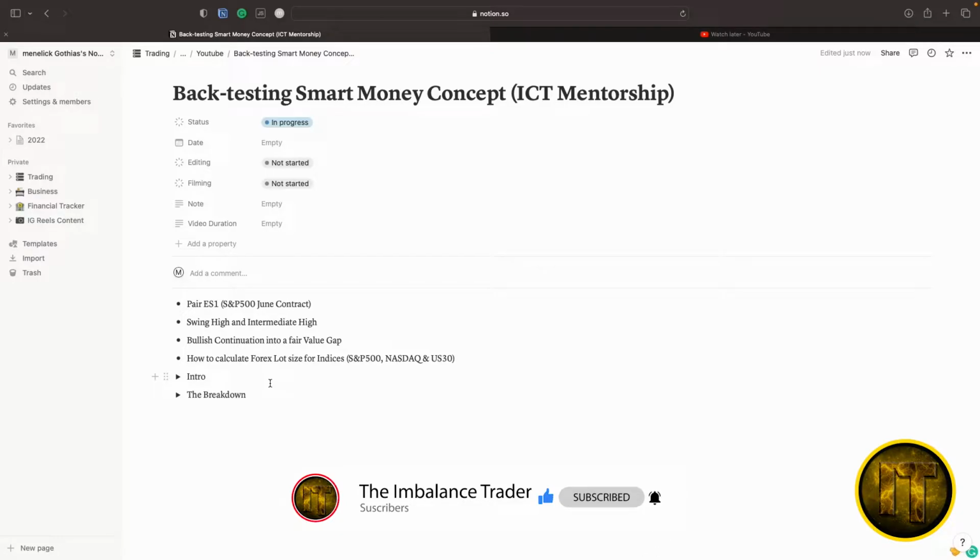I am going through the ICT mentorship right now, the 2022 mentorship, and I'm also doing some backtesting today. One of the things I struggled with recently was the difference between pips and setting lot size for indices, which is very different from forex.